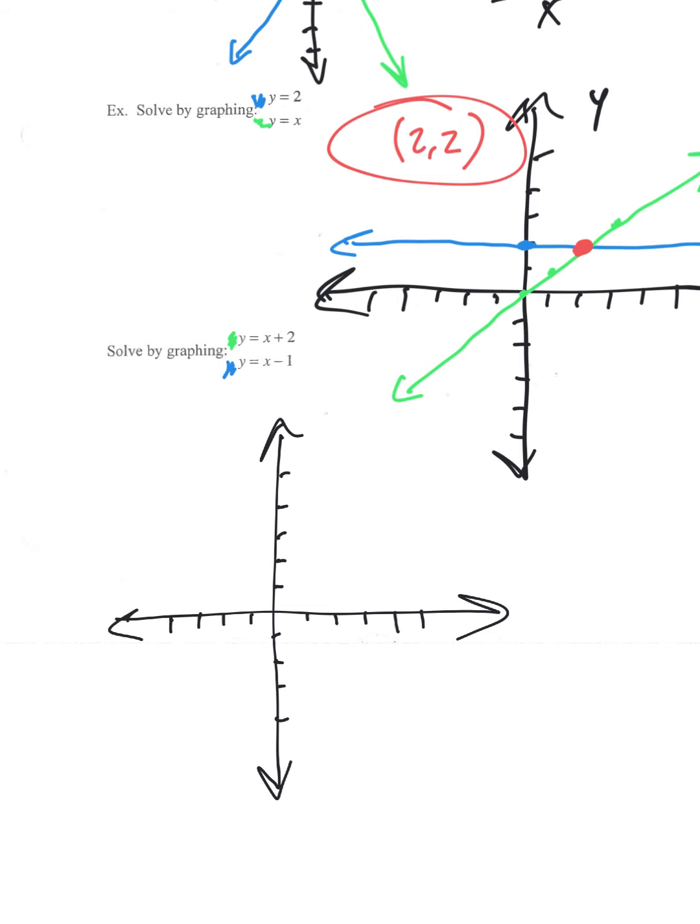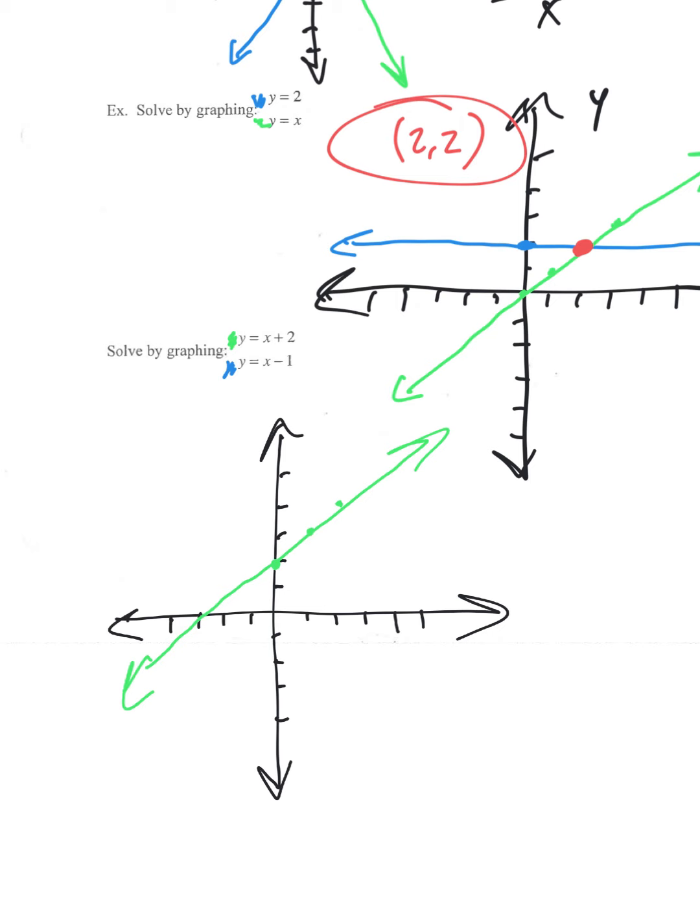All right, so first one is y equals x plus 2. All right, the y-intercept is at 2. Looks like the slope is going to be 1, so cross to the right 1, up 1, to the right 1, up 1, and there's our line.